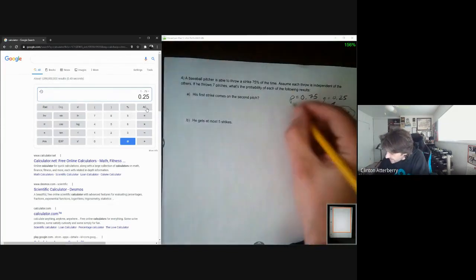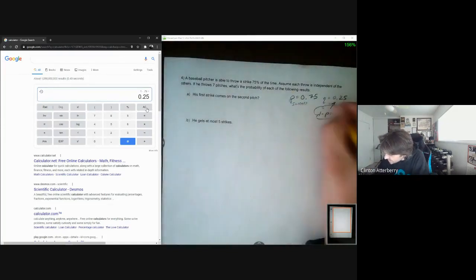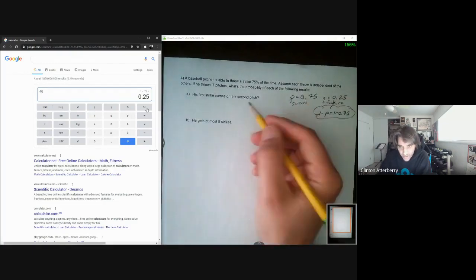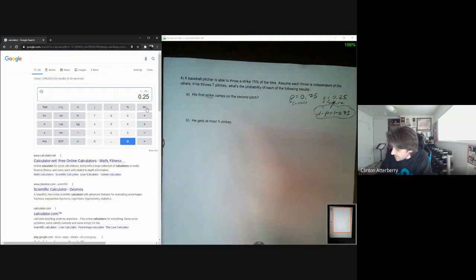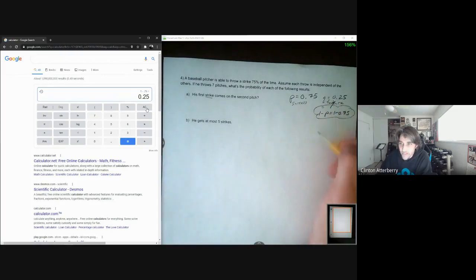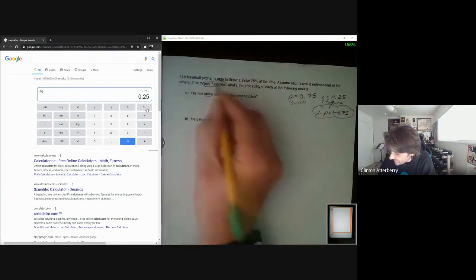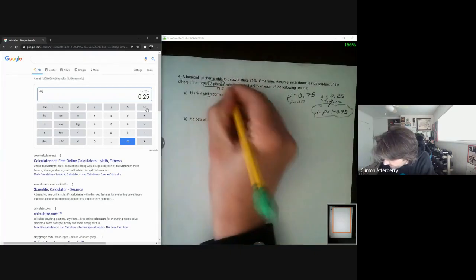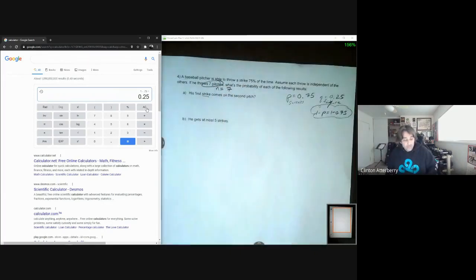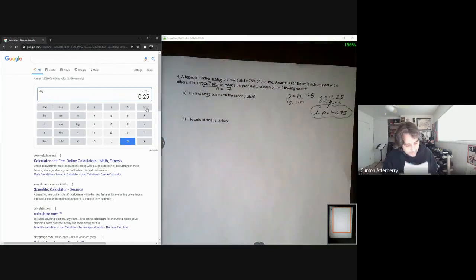This is talking about your strikes, which is what you want, and this is talking about the balls, that's your failure, what you don't want. Now there is one more number in here, and that's 7 pitches. So I'm going to put it to the side: n equals 7. That's going to be an important number in this problem somewhere.